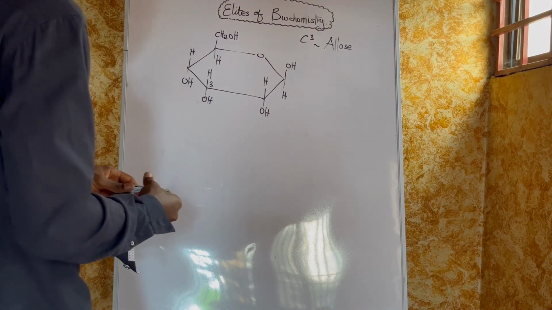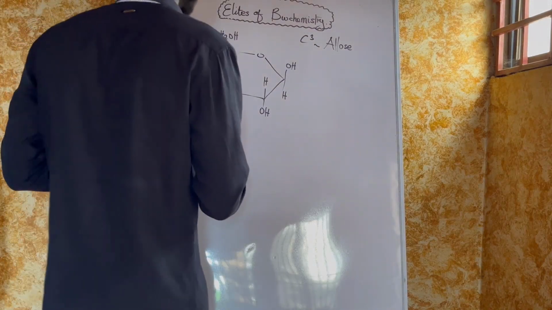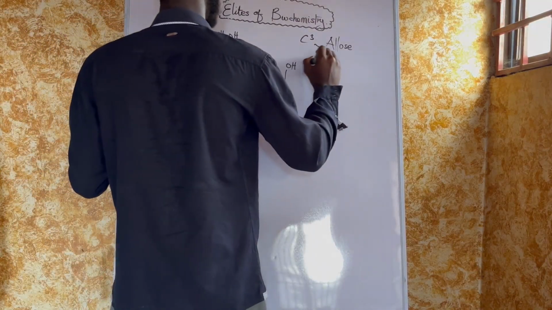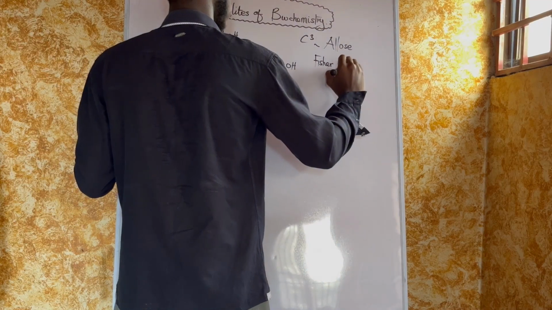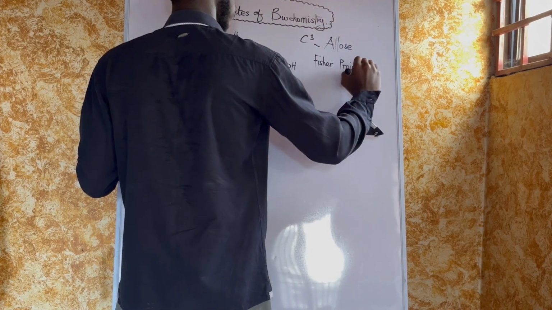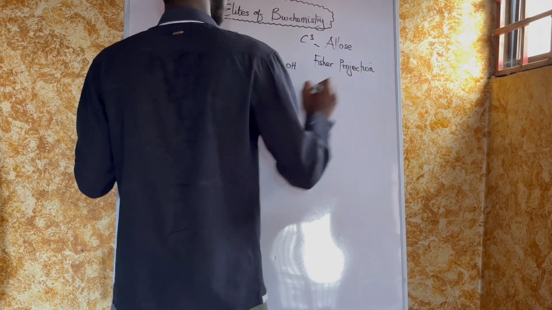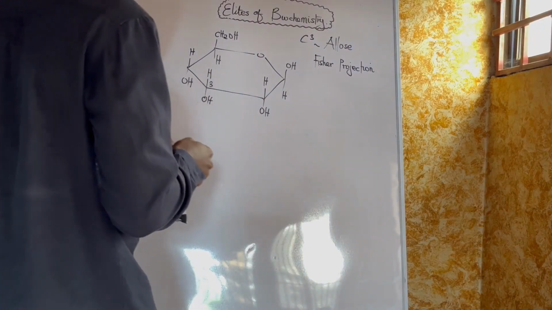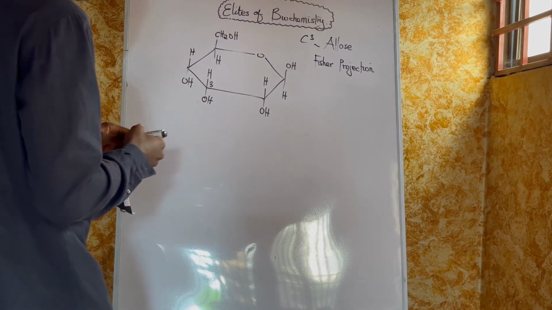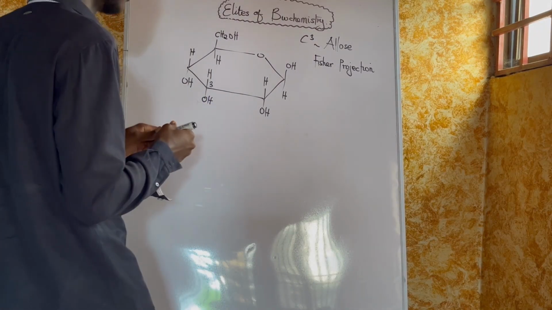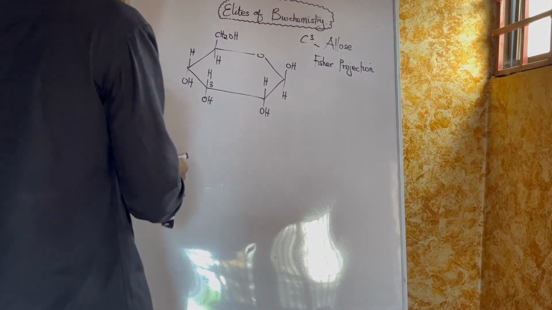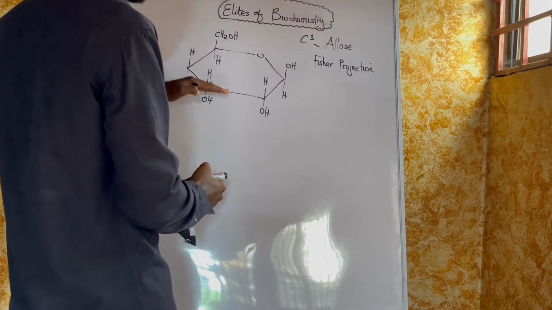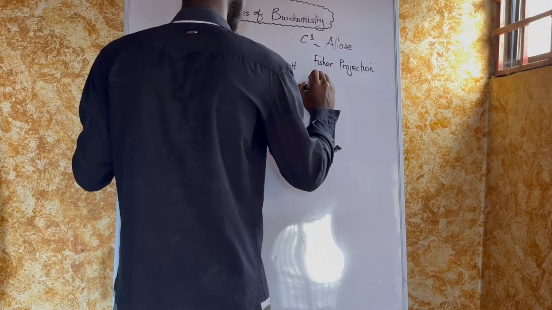If you want to present it in the facial projection, this is how we do it. First, what you have to know is to note whether it's alpha or beta. For this particular allose sugar, we have the beta configuration.